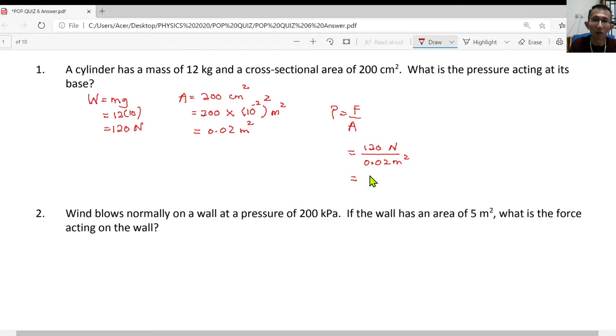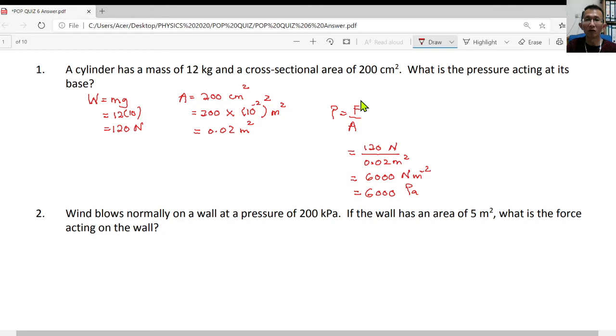Now calculate the pressure. You should be able to get 6,000 Newton per meter square. This Newton per meter square, we have another name for it, that would be 6,000 Pascal. Alright, so that's how we calculate the pressure for question number 1.